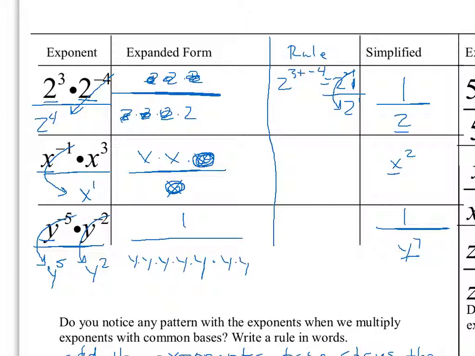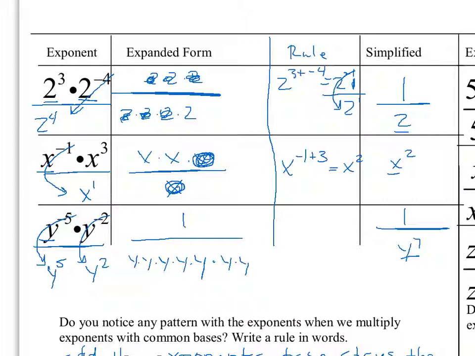So if I'm going to do this one using the rule, since it's multiplication, it would be x to the negative 1 plus 3. Different signs subtract would be 2, take the sign of the larger number, positive 2. I get x squared. Same answer. So this is what we're going to be doing the whole time.